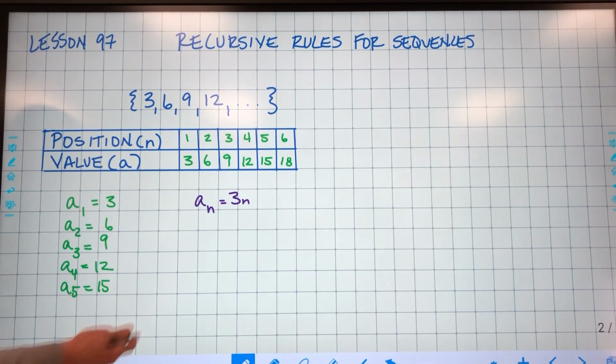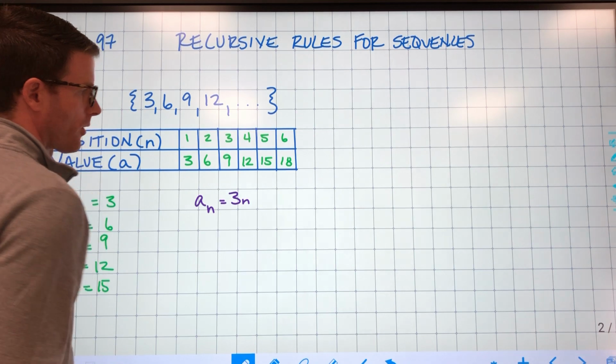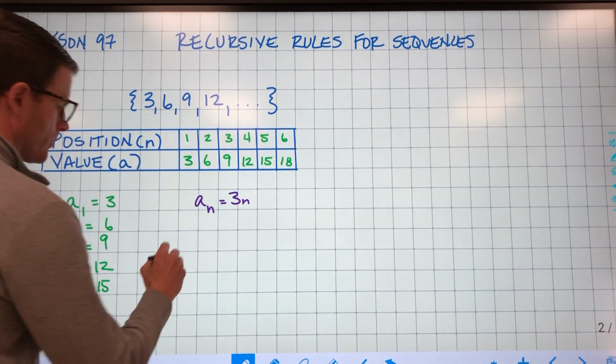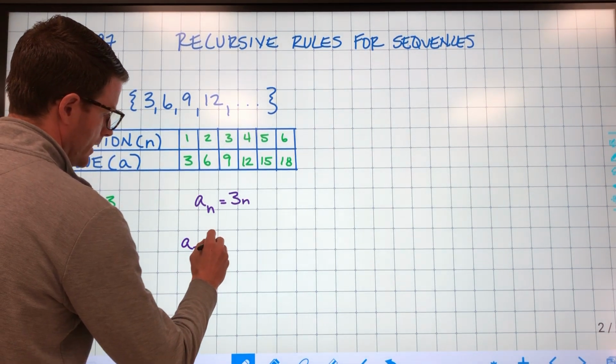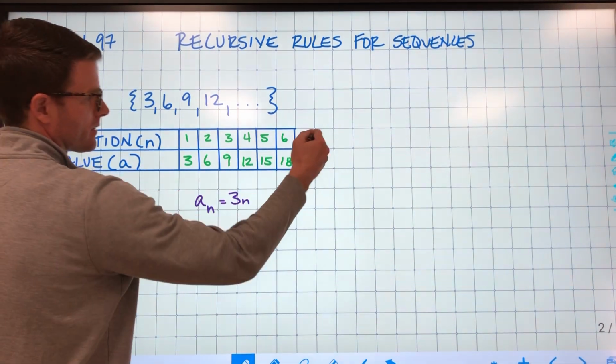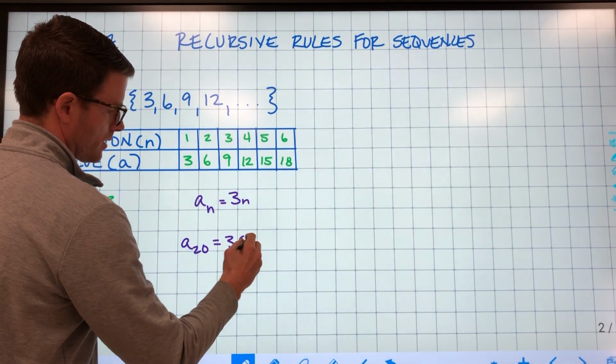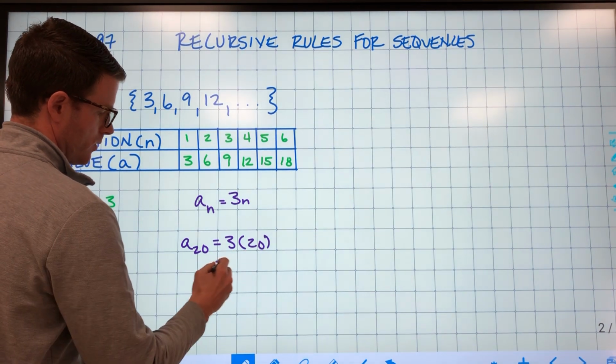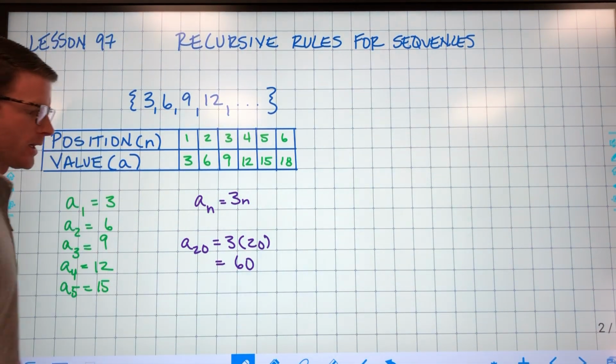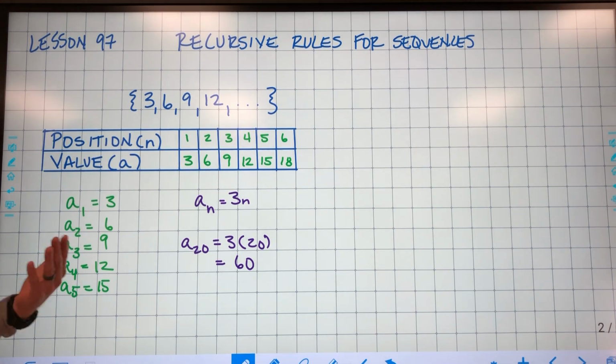And so we can now use this to find a term that's much farther down the line, the value of the 20th term, A sub 20, rather than going and counting to 20 here. We could say A sub 20 is simply 3 times 20, which is 60, okay? So today, we're going to find out how to find a term given a recursive formula.